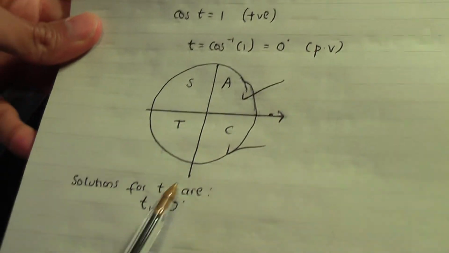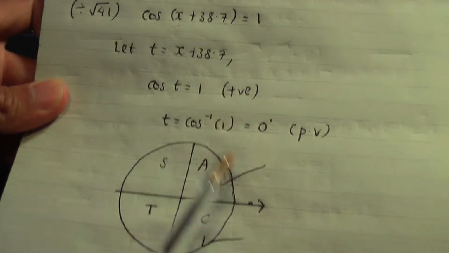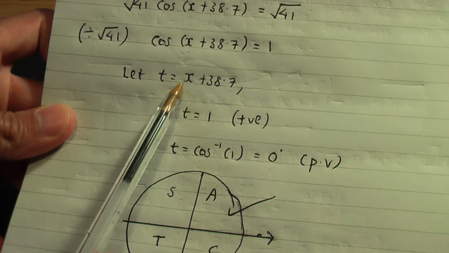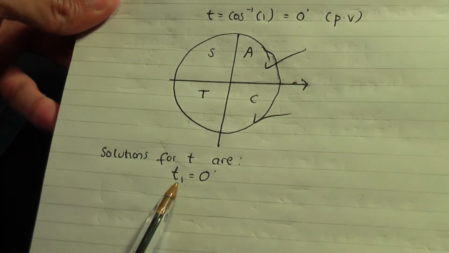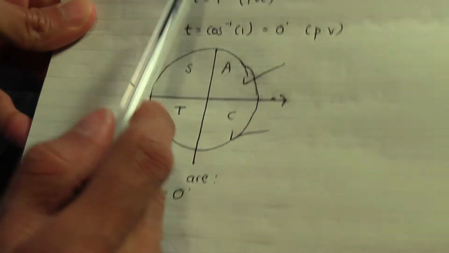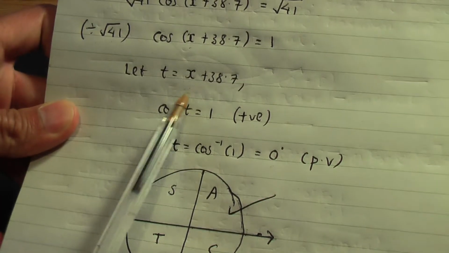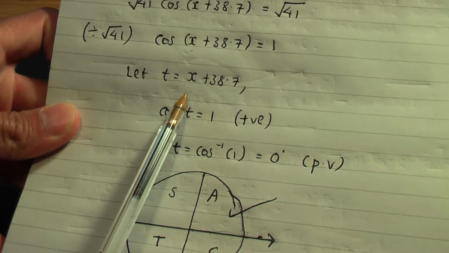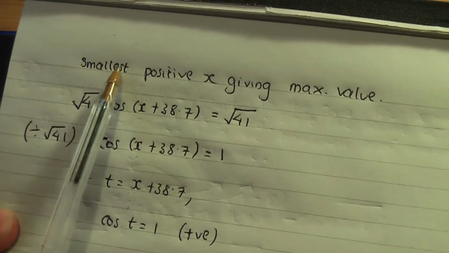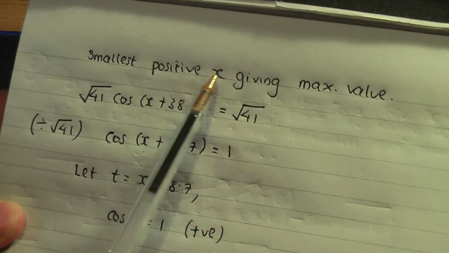If we calculate the x solution, mentally speaking, x will be t, our first solution for t is 0, minus 38.7, so that's going to be a negative angle. However, remember, we want the smallest positive x.